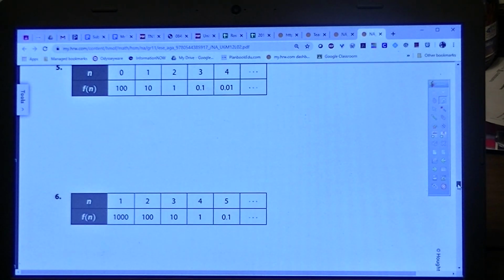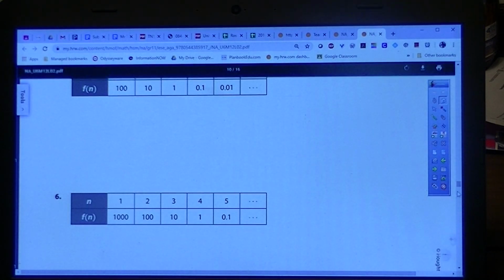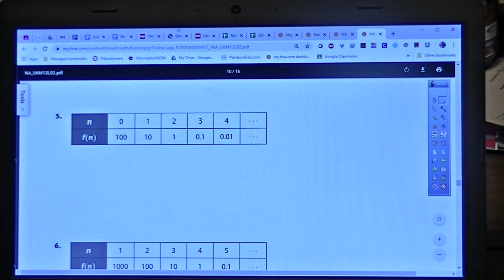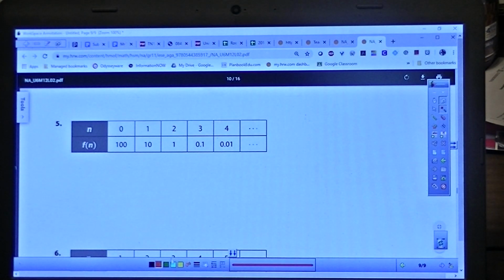And we're doing 4 through 13 and then number 17. So here we go. Here's our starting point. We've got a sub 0 equals 100.